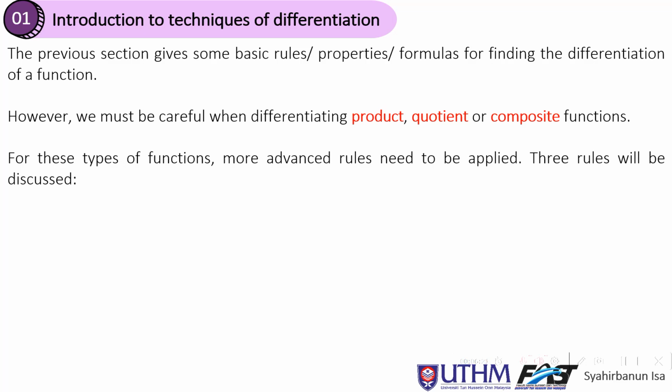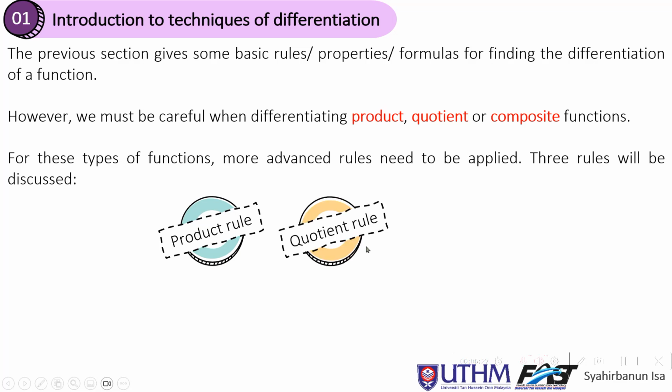We will discuss three rules. The first rule is the product rule. The second rule is the quotient rule. The next one is the chain rule. This is more advanced but a very important rule in differentiation. It can occur in every function.